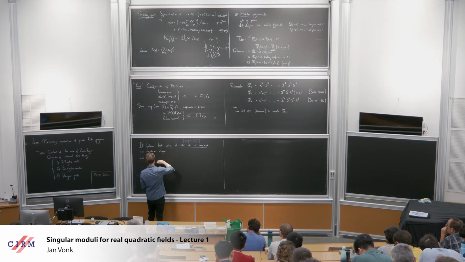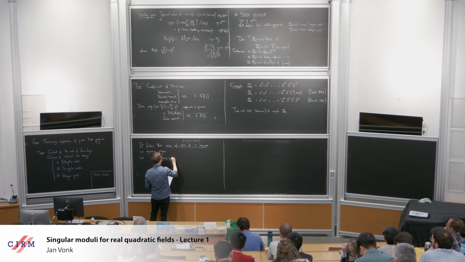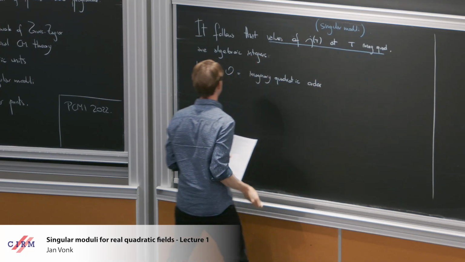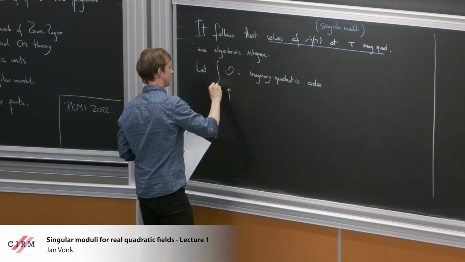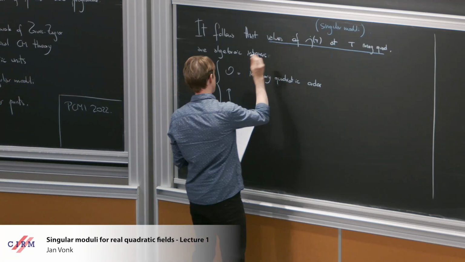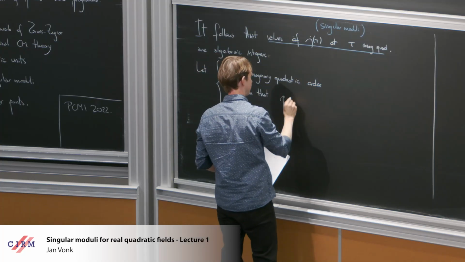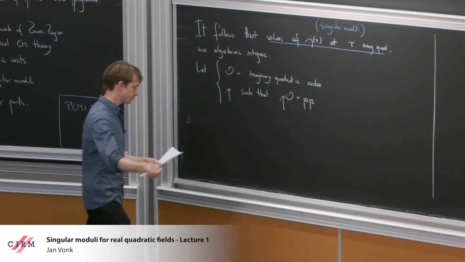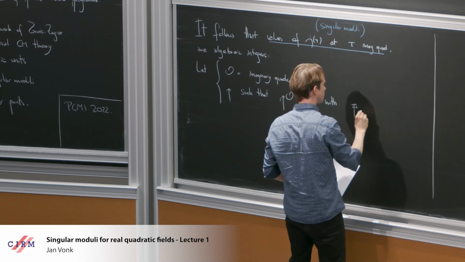So suppose that O is any imaginary quadratic order, and I will take a prime P which appeared in my story from before, but I'm free to choose it, and I will choose it in such a way that the prime P splits, and it doesn't just split, it splits into principal primes.